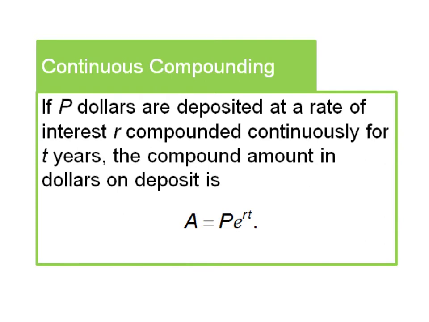Instead of having, like we had before, P times (1 + 1/n) to the power of t times n, we took all of this and changed it so that now really what we're looking at is the principal times this e value to the power of the interest rate times time. That will give us the value of the account when it is compounded continuously.